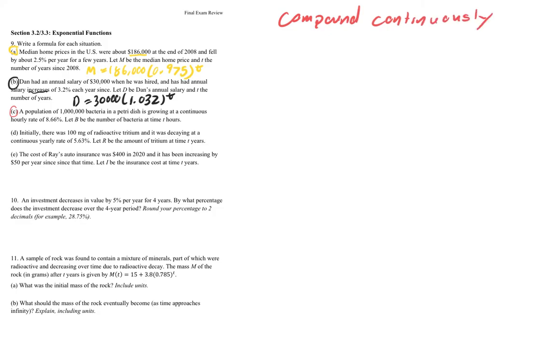B for bacteria is equal to our initial amount, B0, times e to the power of our rate times our time. In this case, our rate is equal to 8.6%, but to plug it into our equation, we need it in decimal form, so we divide by 100, and our rate is equal to 0.086.